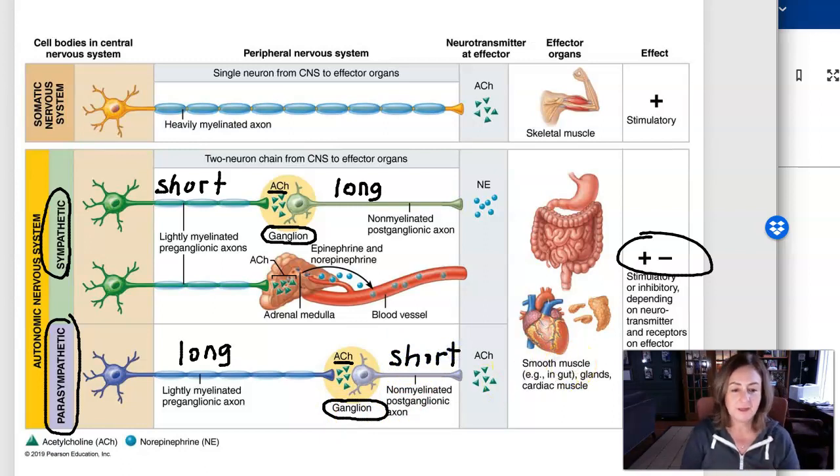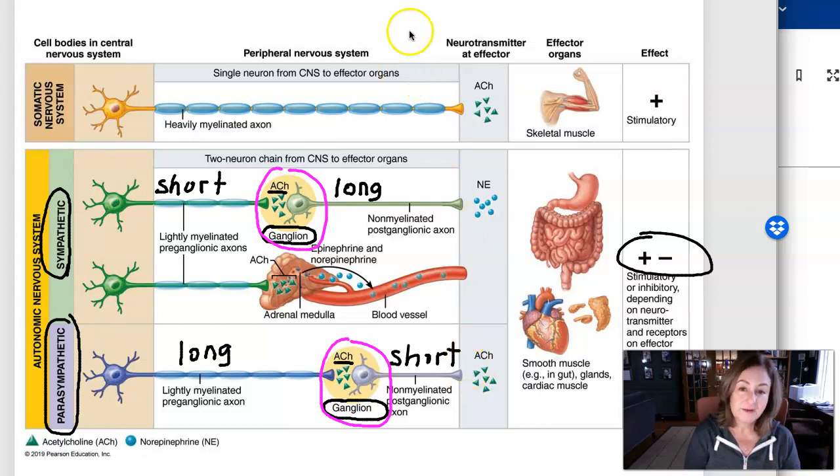the effector. And so take a look at the neurotransmitter situation here. Notice that acetylcholine is used in the autonomic nervous system by all preganglionic fibers, whether it's sympathetic or parasympathetic. It will always have an excitatory effect. Once you get into the postganglionic fiber, here we're seeing a difference in the neurotransmitter that's being used.